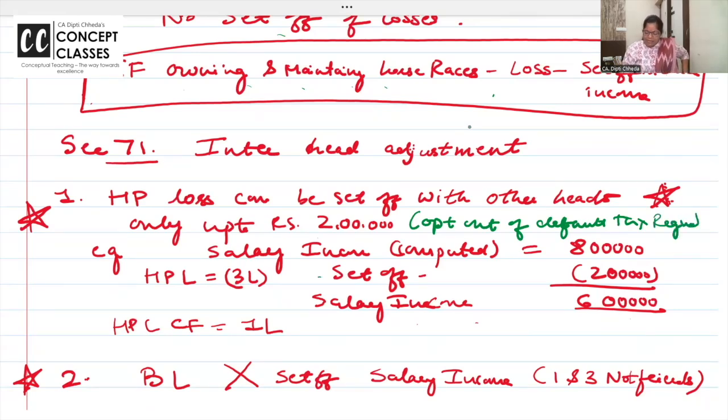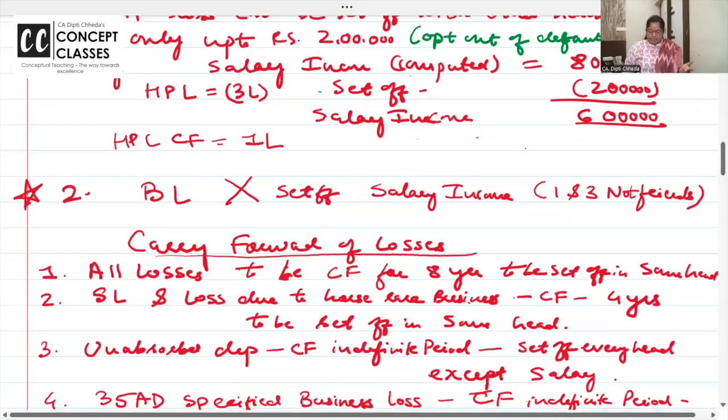For example, salary income is 8 lakhs and house property loss is 3 lakh. 2 lakh you can set off house property loss with salary and the remaining 1 lakh will be carried forward. This is true if you are opting out of default tax regime. If you are filing in default tax regime, you cannot set off.